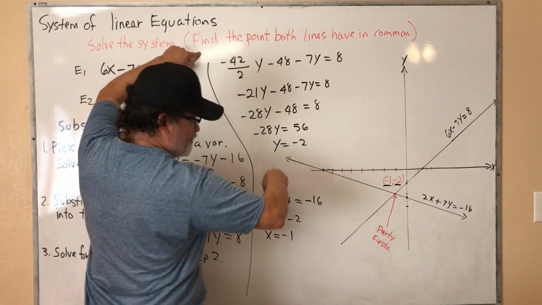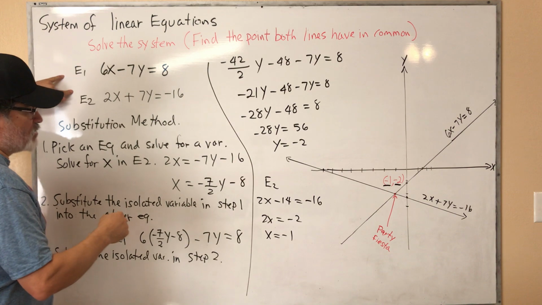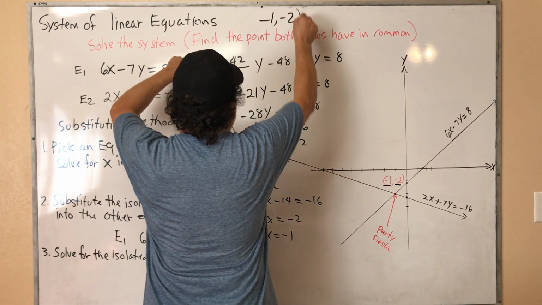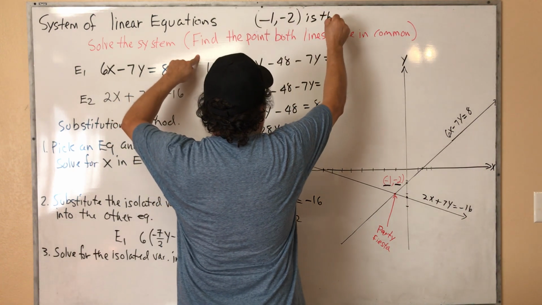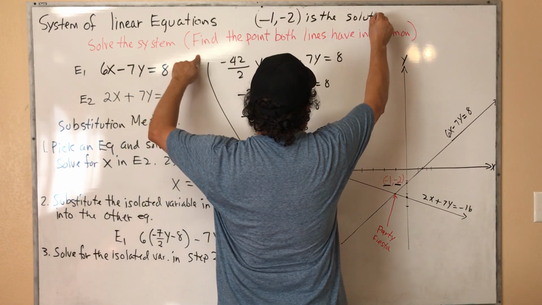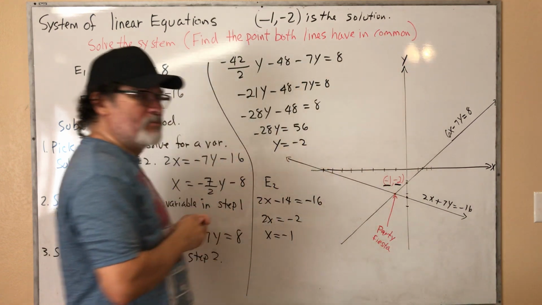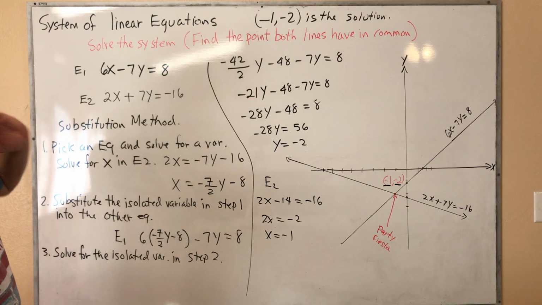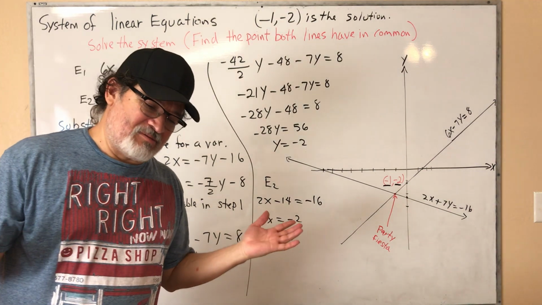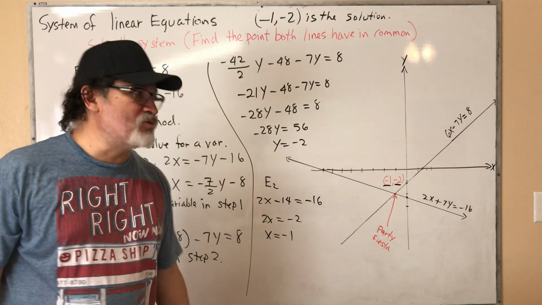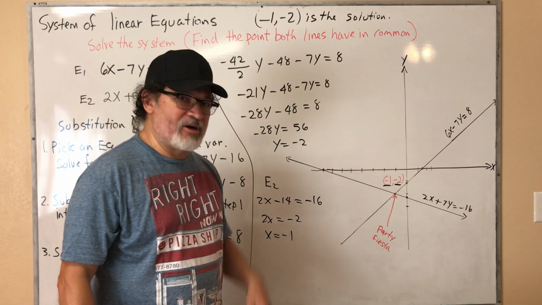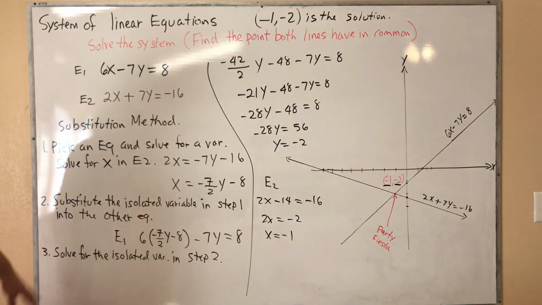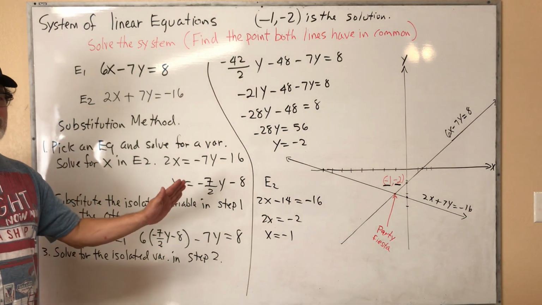For this system of equations, the solution is -1, -2. Or you may call it the address to the party. There's the party. Look at the same thing. Okay, very good. So this is the substitution method.